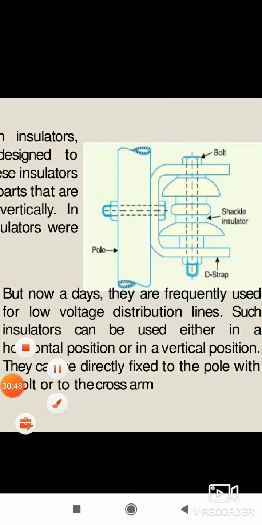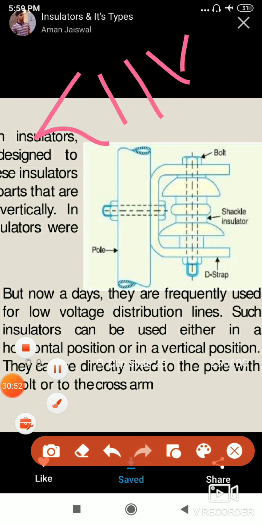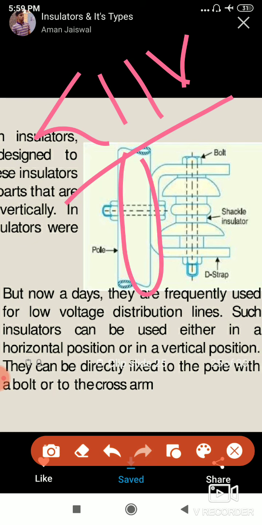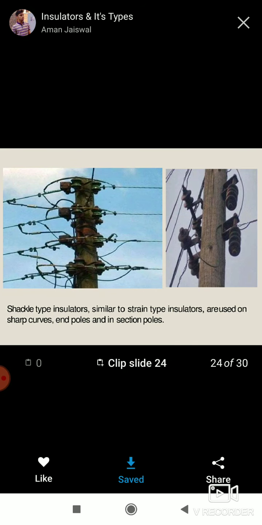It can be used for less than 11 kV distribution systems. In olden days we called it a shackle insulator, but nowadays we use pole-mounted insulators. We fix it directly to the pole like this. The insulator will be placed here, the conductor will be rolled. You will see the figure itself.